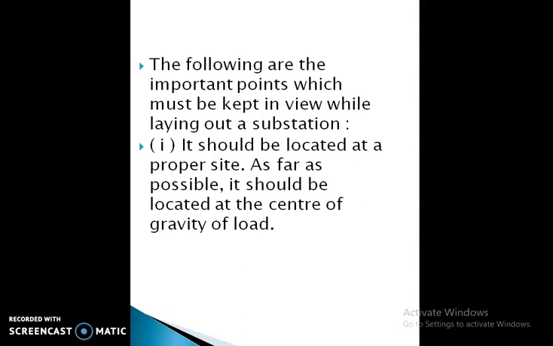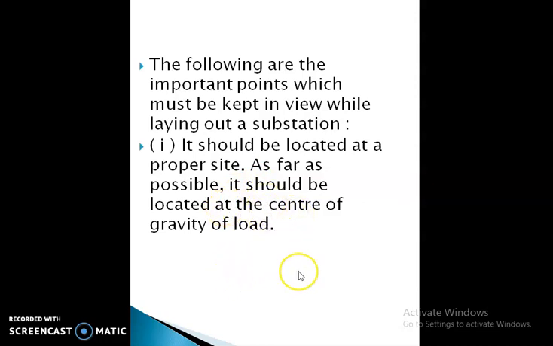First one is, it should be located at a proper site. As far as possible, it should be located at the center of gravity of the load.